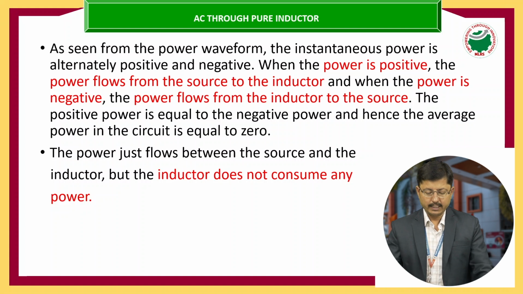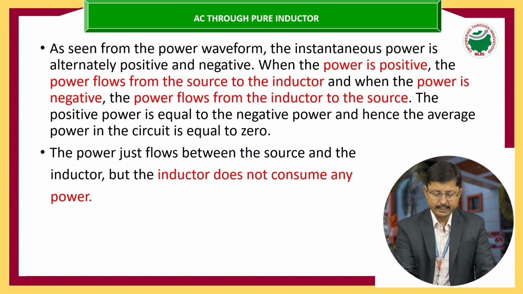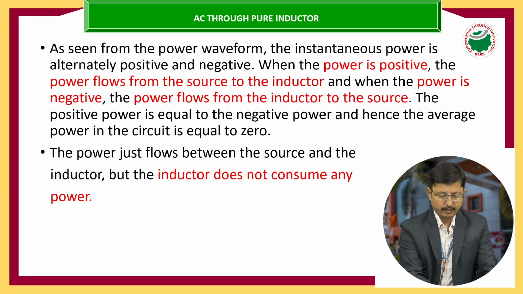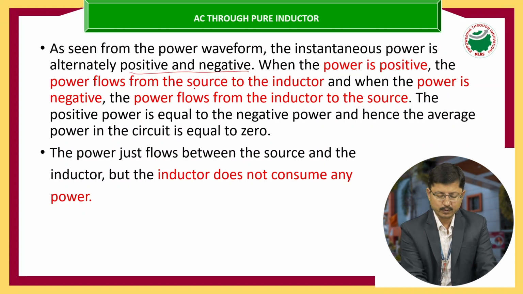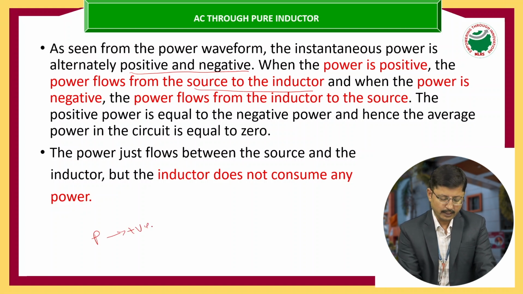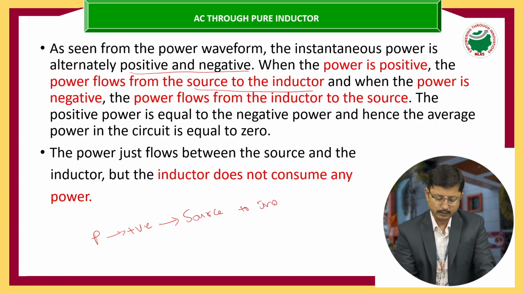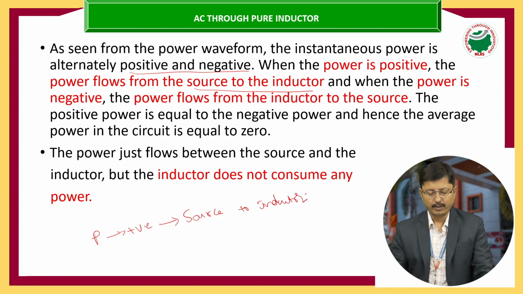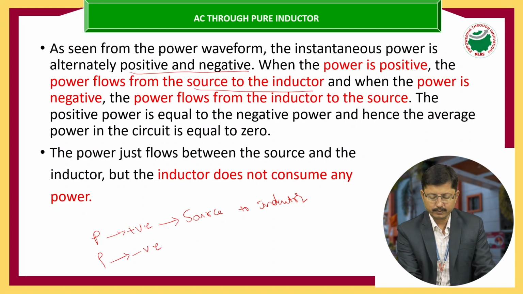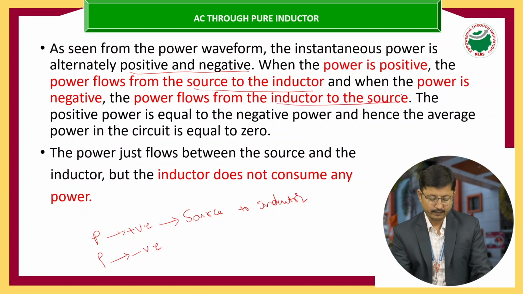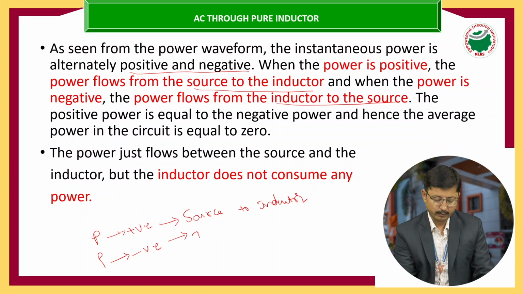Finally, the instantaneous power is alternately positive and negative. When the power is positive, power flows from source to inductor. When the power is negative, power flows from inductor to source.